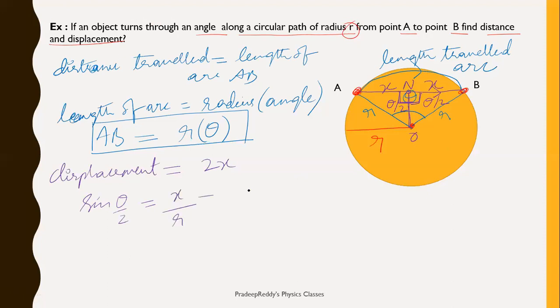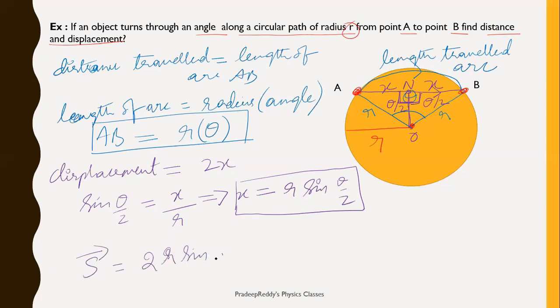From here, you can write x is equal to r sine theta by 2. Therefore, displacement S bar can be written as 2 into r sine theta by 2. This is the total displacement covered by the body.